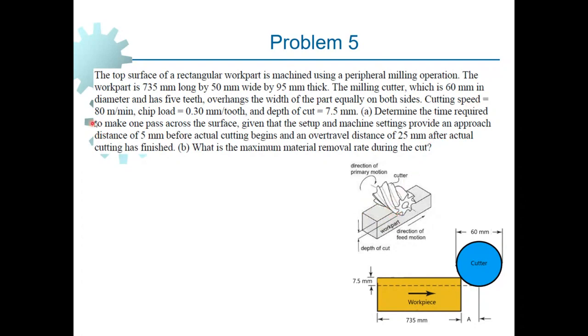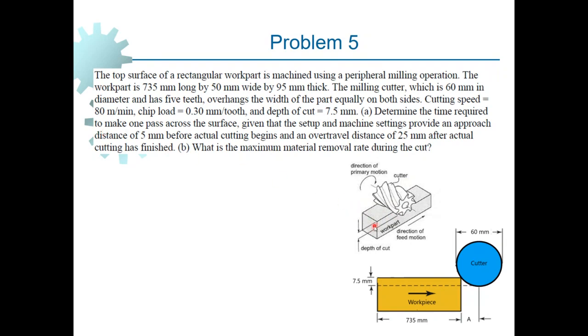Cutting speed is given, that is 80 meters per minute. Chip load. What is chip load? The depth of cut for each cutting edge is given to be equal to 0.30 millimeter per tooth. Depth of cut, as mentioned, is 7.5. Now we are to compute the time required to make one pass across the surface.